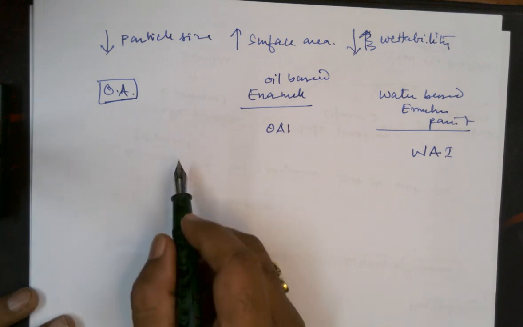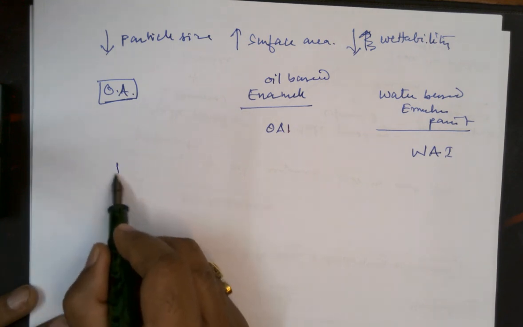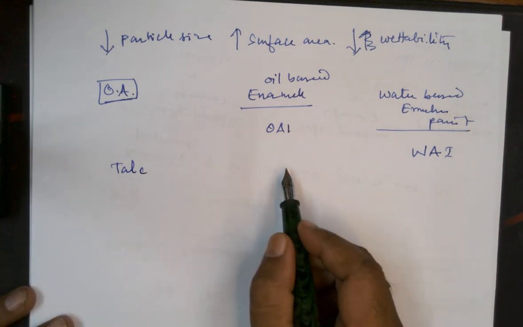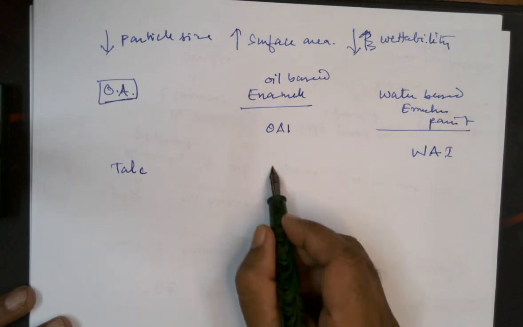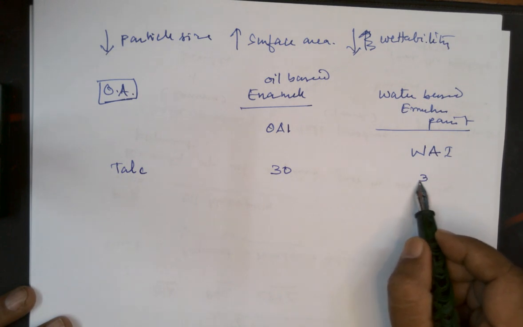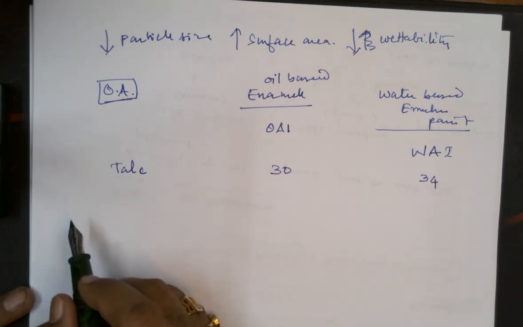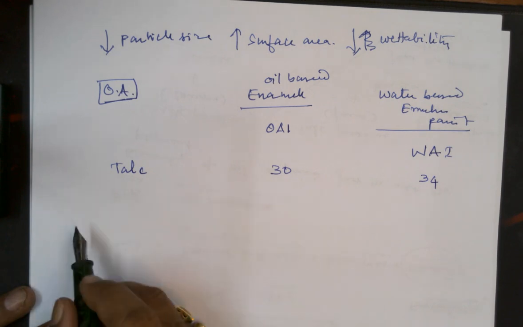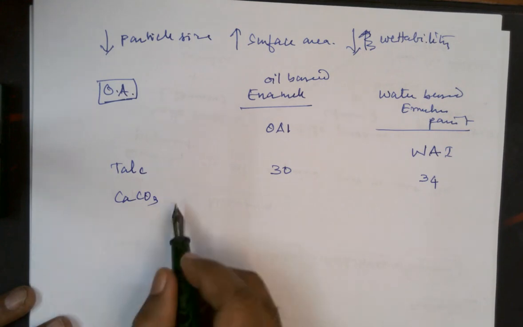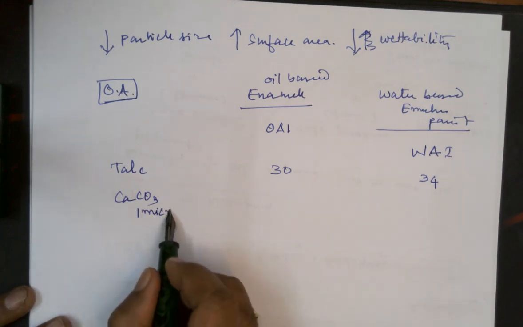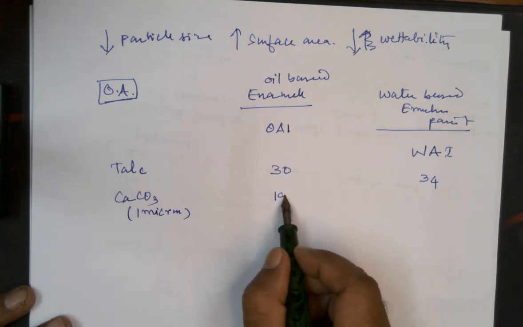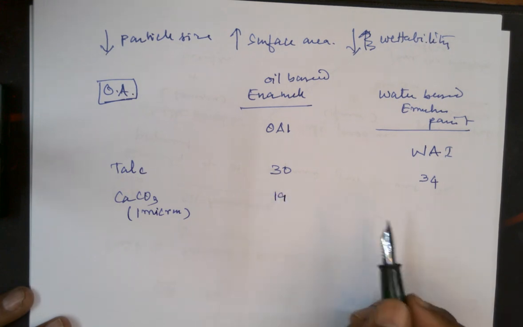For example, if you take talc, the oil absorption index will be 30, but for the same talc, the water absorption index is around 34. If you take calcium carbonate, calcite, CaCO3, micronized to 1 micron, very fine, it requires 19 grams to wet the surface, that is, 19 is the oil absorption.